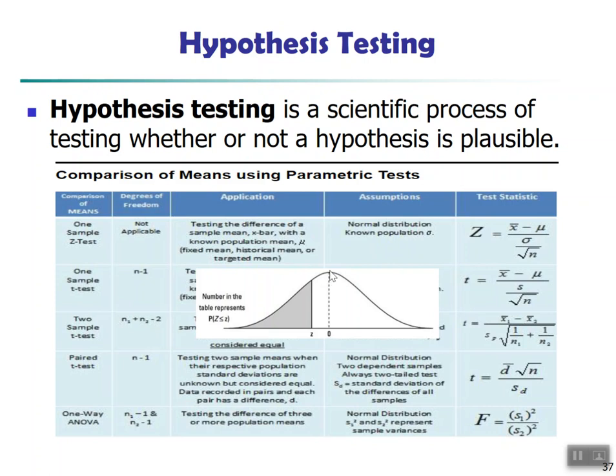Let's review some of the key concepts. The central line is 0. That's the mean. A standard normal distribution has the mean at 0 and the standard deviation is 1. Various z-scores might fall at different places on the horizontal line, and that indicates the probability for that value to happen.